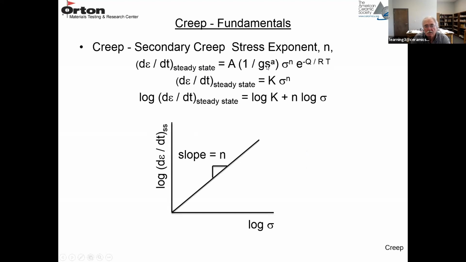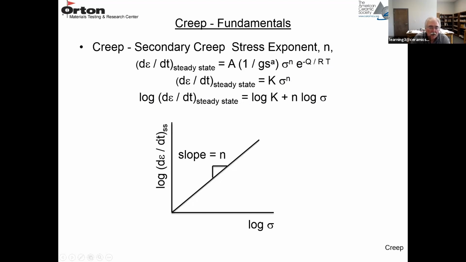So holding grain size and temperature constant gives rise to this equation. The strain rate just equals a constant, which now includes the grain size and temperature, times stress to some exponent n. If you take the log of each side of that, you get the log of the strain rate equals the log of a constant plus n, the stress exponent, times the log of the stress.